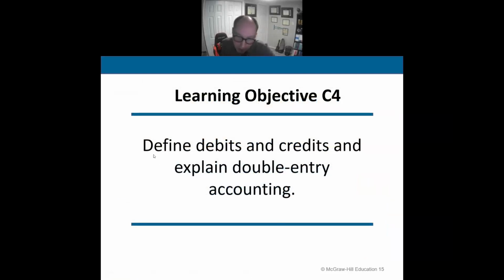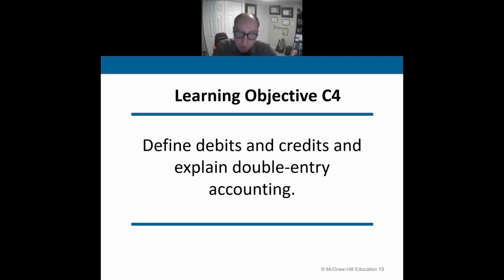Okay. Now let's talk about debits and credits. Earlier I had mentioned that for every single transaction, there are two accounts that are affected.